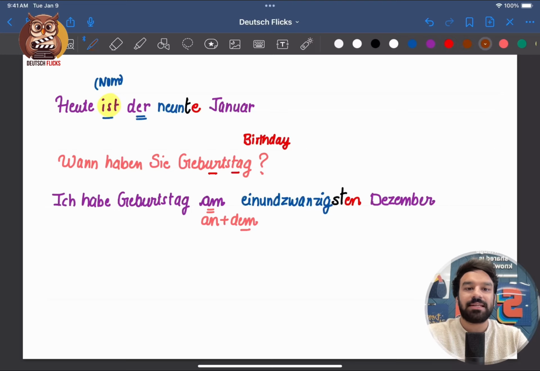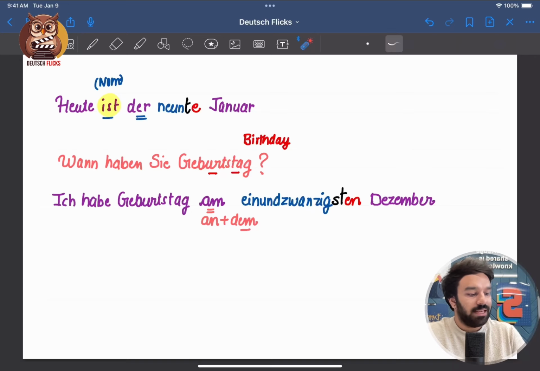Now the interesting part is there is another way of mentioning this birthday or today's date. January is which month according to the calendar? Is it 1st, 2nd, 3rd, 4th? This is 1st, right? So what we can also do is say neunte, and 1st is called Erste, which is an exception.